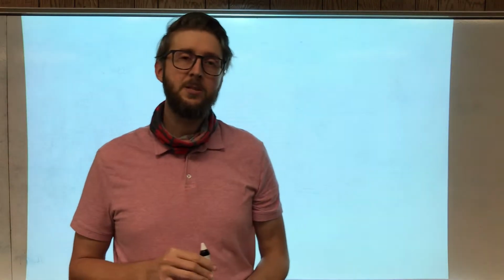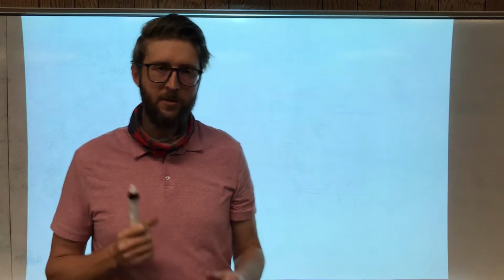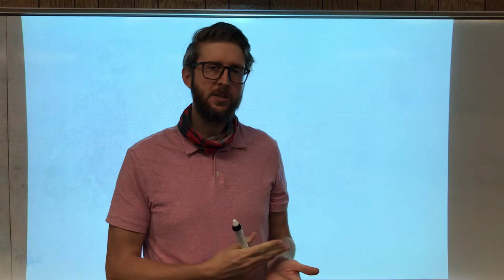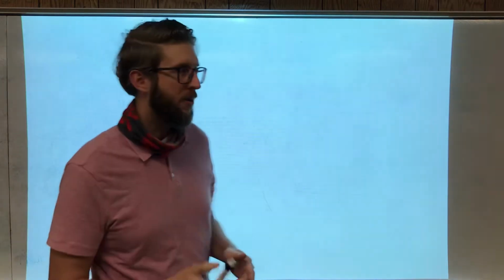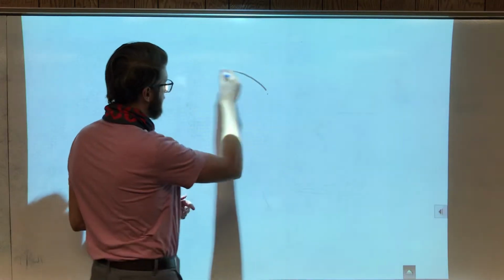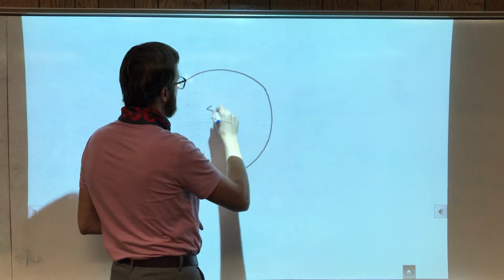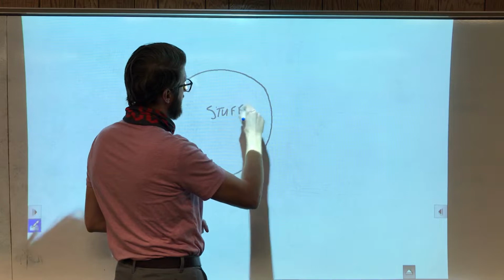So this lesson today is all about active and passive transport. In the previous lesson, we talked about how cells need stuff, and there's stuff inside the cell and there's stuff outside the cell.